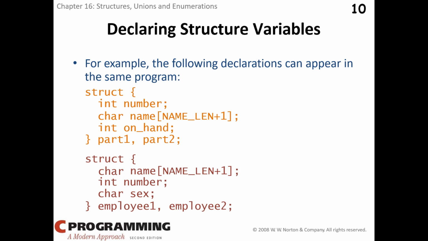Similarly, the second structure, employee, contains members for employee name, employee number, and gender. And again, we declare two variables of the structure type, employee1 and employee2. Each structure has its own set of members, and we can declare multiple variables of each structure type within the same program.